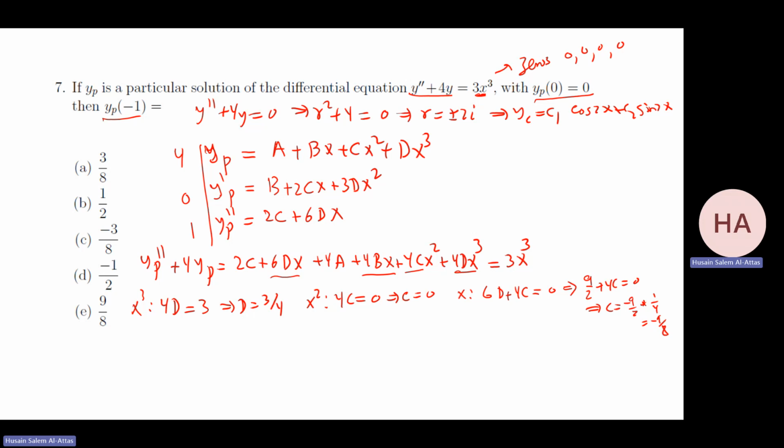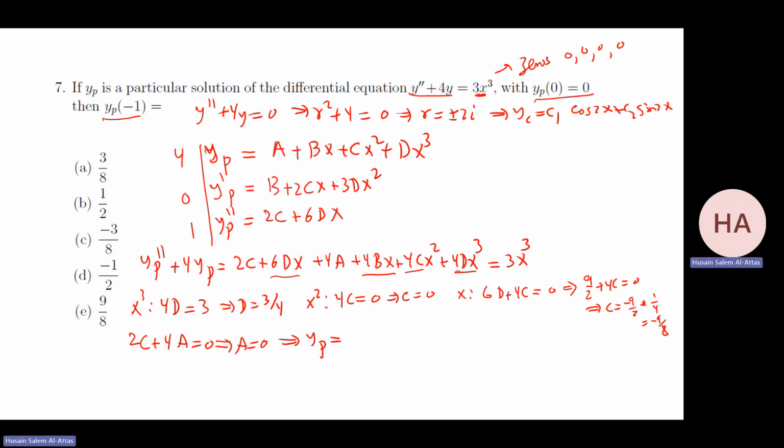Okay. Now, I need the constant coefficients. We have 2C plus 4A. That's equal to 0. So C equals 0. That's good. A equals 0. So it is y_p. y_p will be what? A is 0. B is what? Where is B? Did I find B?